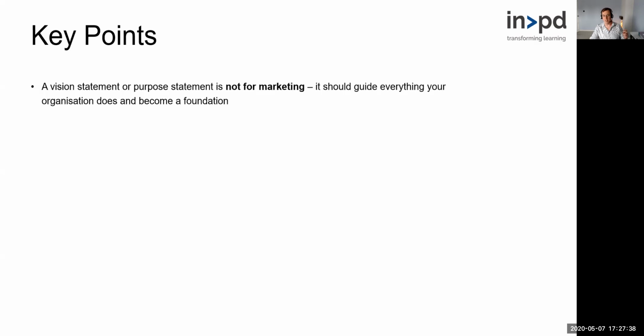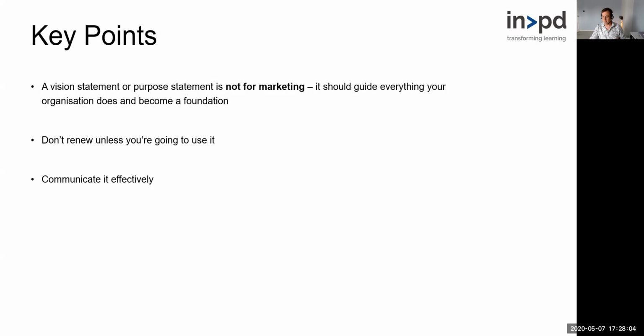Key points then: a vision statement is not for marketing purposes. It's not for the website only, to try and impress the people that we want to sell to in the outside world. I wouldn't try and address it unless you're going to use it and do something with it along the lines we've talked about. Once done, it needs to be communicated effectively in a compelling way and made relevant for people.